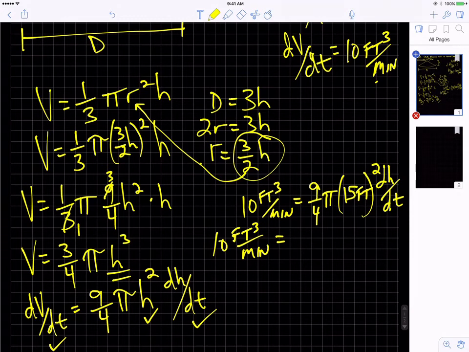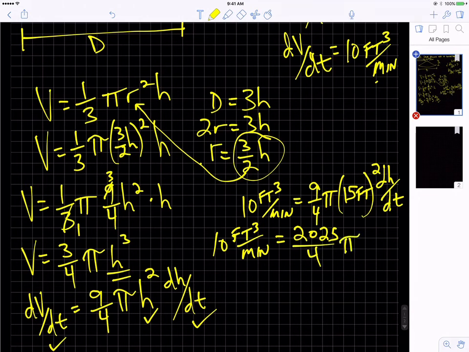Getting 506.25. I like fractions, so I'm going to leave it in fraction form. 15 squared is 225, times the 9 is 2025, divided by 4.